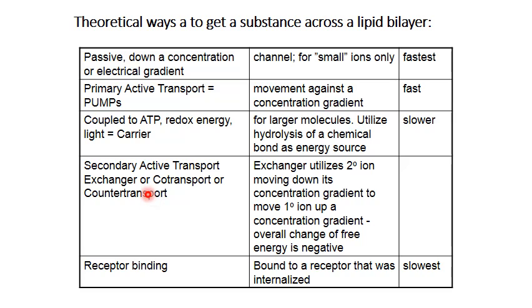Then there's what's called secondary active transport, an exchange or a co-transport or a counter-ion transport, where the substance itself is not moving down its own concentration gradient, but it's utilizing a secondary ion to move down the secondary ion's concentration gradient and moving the primary ion either up a concentration gradient or across a membrane, overall creating a negative free energy balance, so it's favorable due to the gradient on the secondary ion rather than the primary ion or metabolite that's moving.